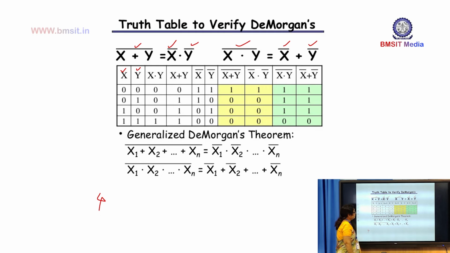That is how we are going to prove. Now, using the rules of Boolean multiplication, 0 into 0 is 0. This column is just the product of the first two variables: 0 into 1 is 0, 1 into 0 is 0, 1 into 1 is 1.